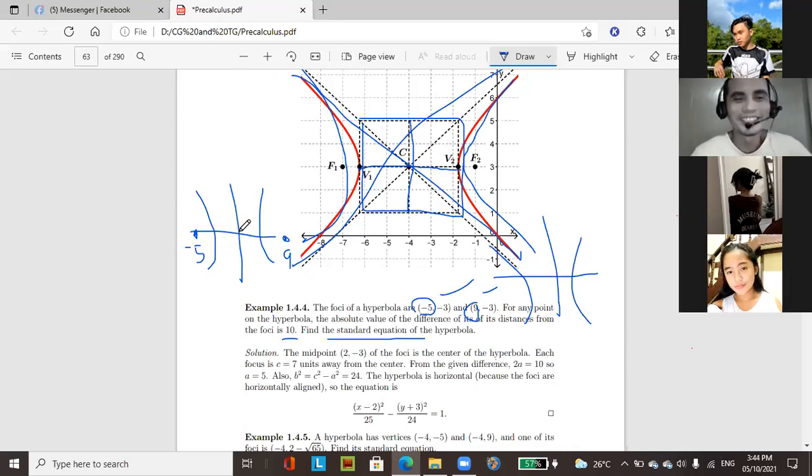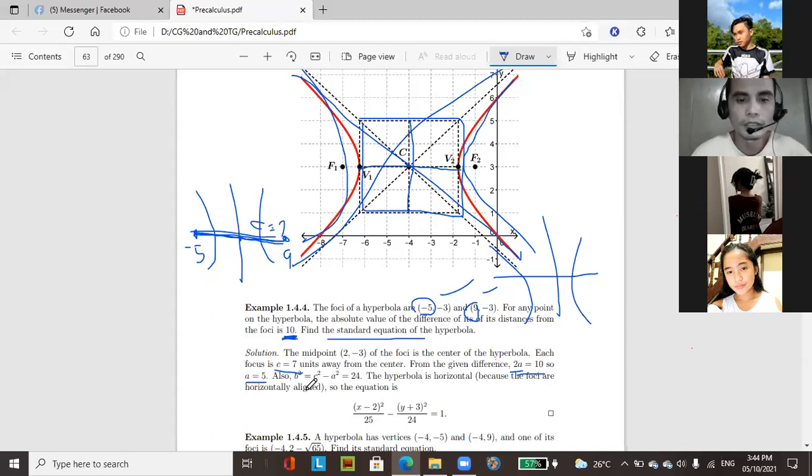So 14. Now 14 divided by 2 because that is the distance of the transverse axis. So therefore our C is equal to 7. So nakuha na nato nga ang C is equal to 7. Then from that one, we know that our 2A is equal to 10 from the given. 2A is equal to 10.